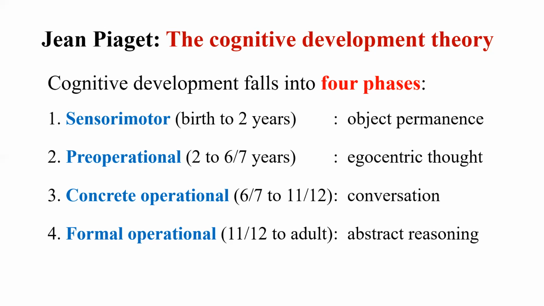Next one, pre-operational, from 2 years to 6 or 7 years. This is egocentric thought, where the child relates everything with itself, ego, I. So it says mother, father, or grandma, and everyone is based on the ego. The child says, I am. This is mom, so this is not me.